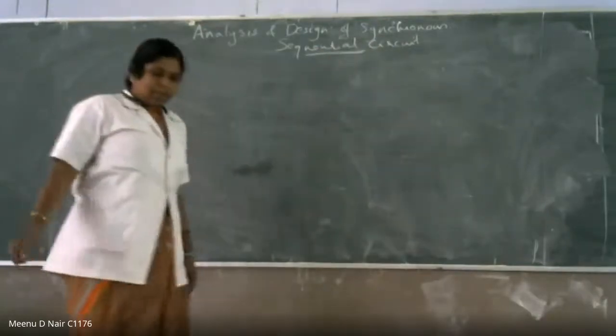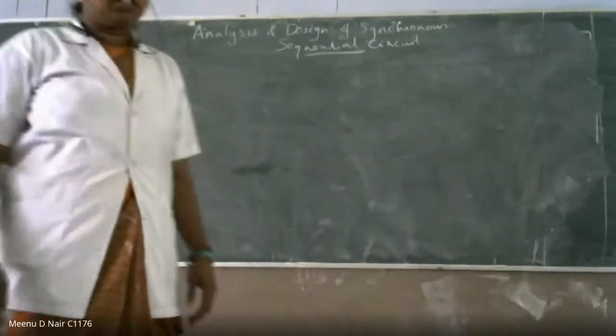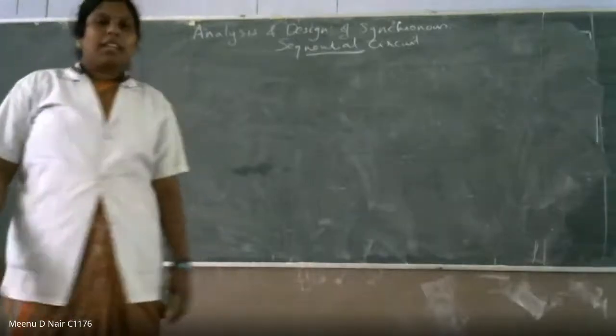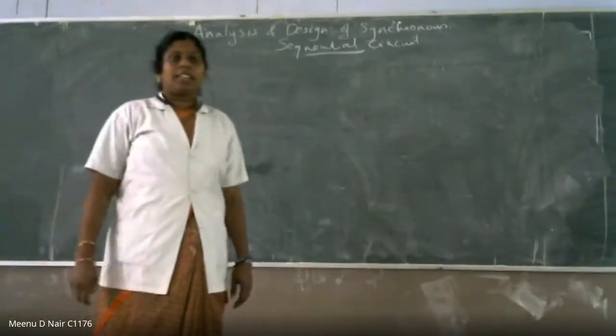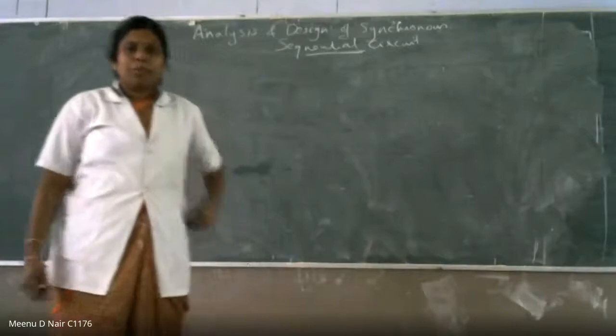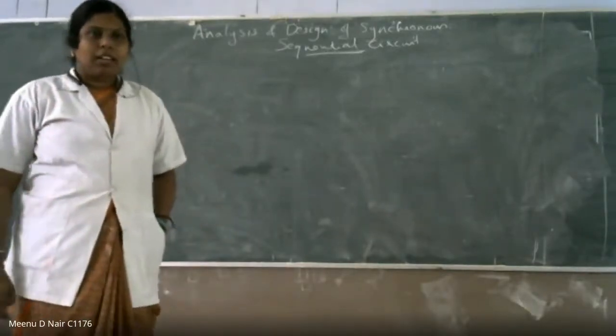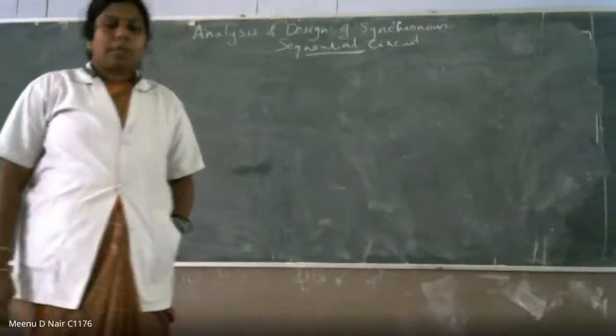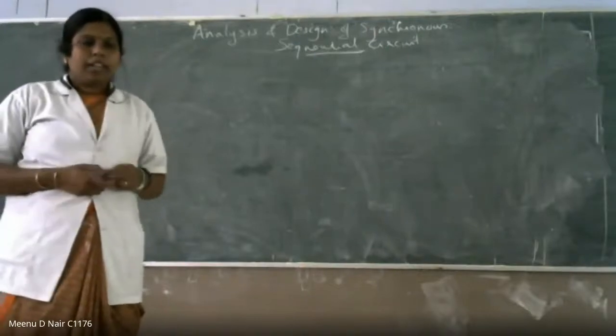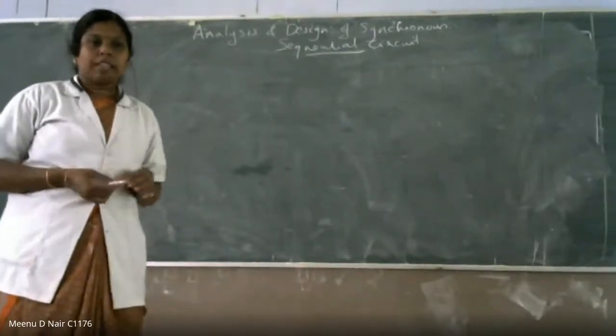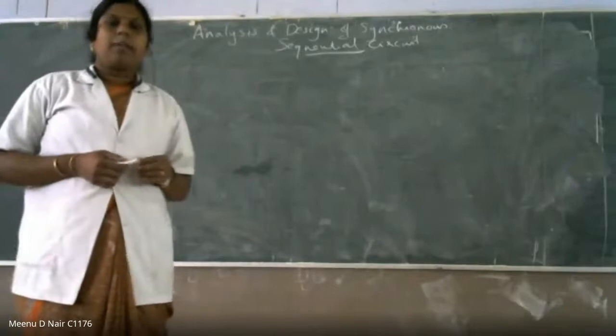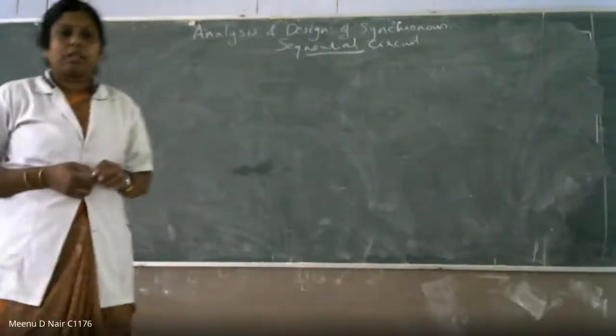So actually concerning this portion, you may get a question as part of a theory question also. You may get a 2-mark question as well as an essay question, like explain the analysis procedure of a synchronous sequential circuit, or explain the design of a synchronous sequential circuit.